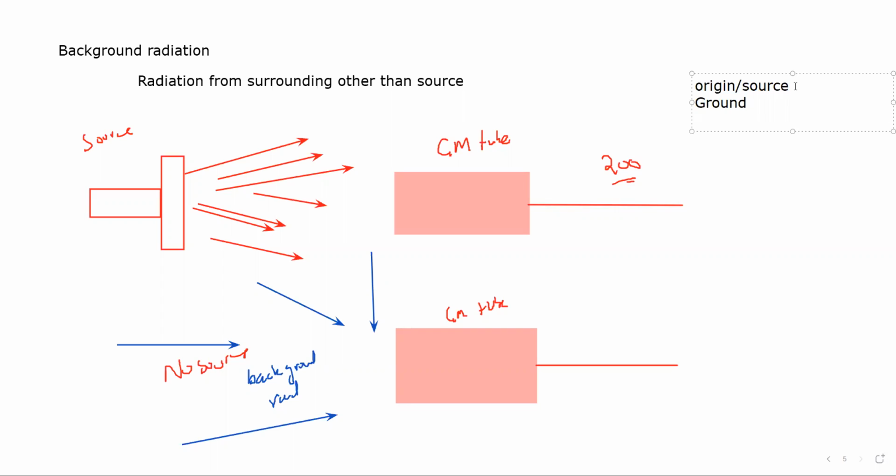It can be from outer space. There may be radioactive particles, radioactive material, which are emitting radiation. So that is coming from space and our detector may record those. Maybe a power station is nearby.